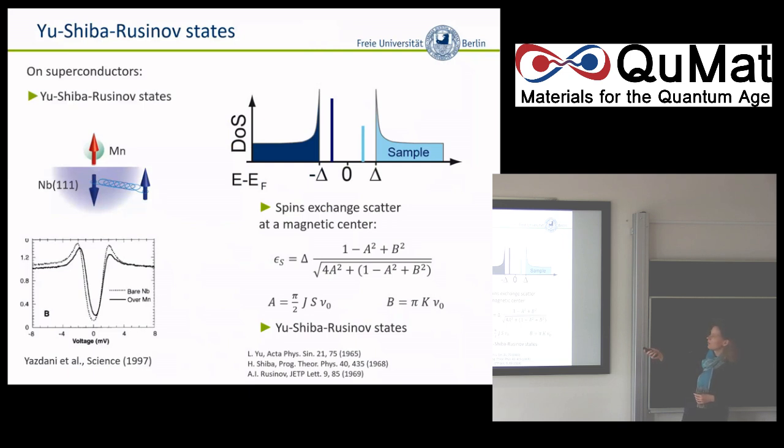So your substrate has a quasi-particle density of states, which is depleted symmetrically around the Fermi level, because you have the pairing of spin up and spin down electrons. So then there's no electron-like density of states here, which you could, let's say, tunnel into, because we probe, of course, this excitation spectrum in a usual tunneling experiment.